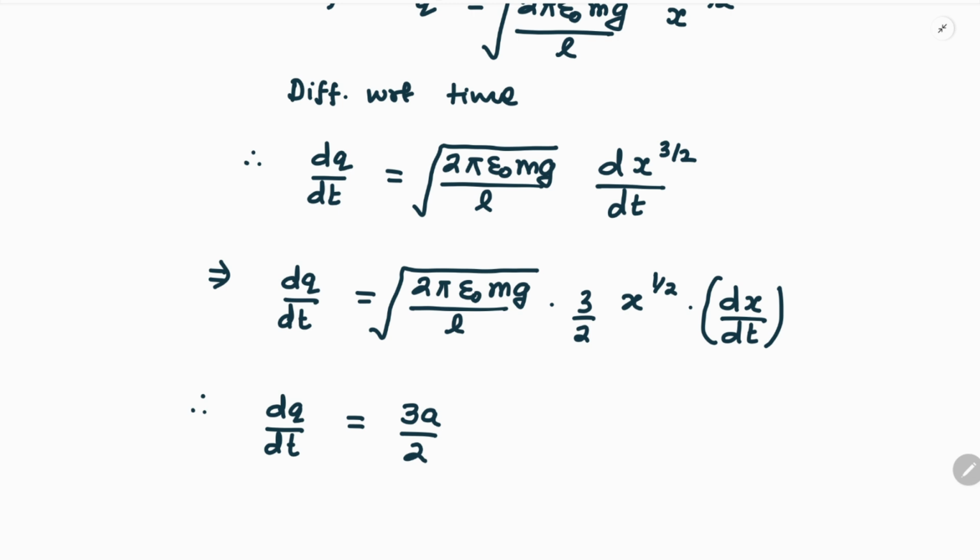Where dx by dt is written as velocity v, equal to alpha root x. So root x will cancel out eventually, and then we will have dq by dt equal to 3 alpha by 2 times the square root of 2 pi epsilon naught mg by L. So this is the final part which the problem is asking us to calculate, the rate dq by dt with which the charge is leaking off. This is the final answer that we have for this particular problem.